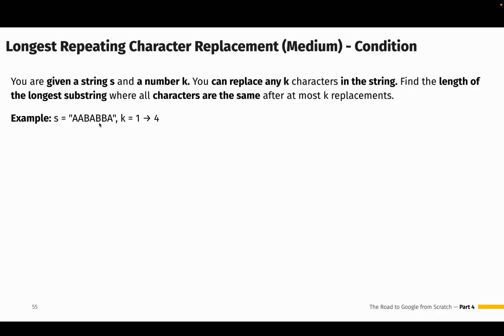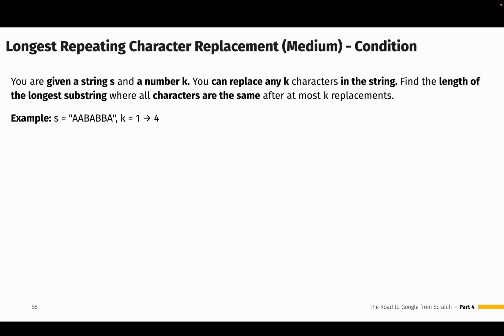So when we go to the next element B, we cannot replace it anymore because we already have done this for the first B. So the maximum length in this string will be 4.